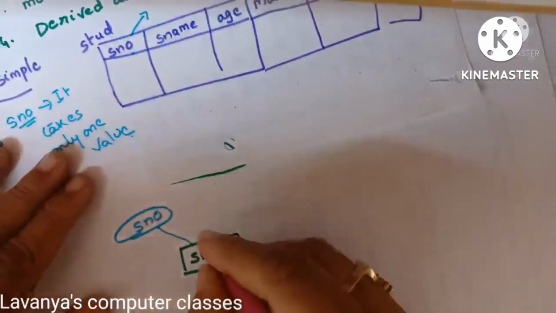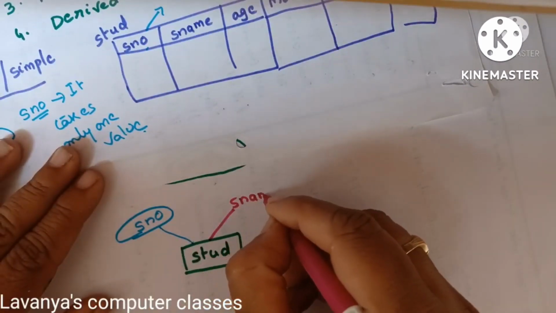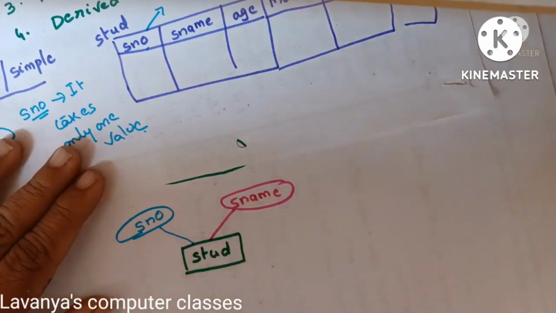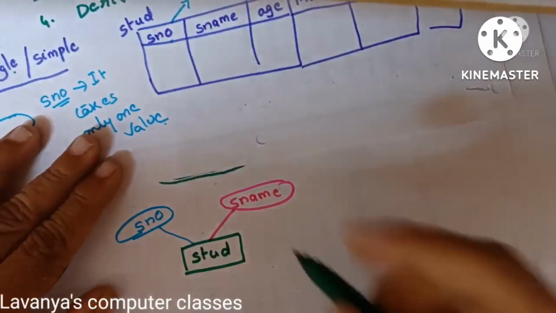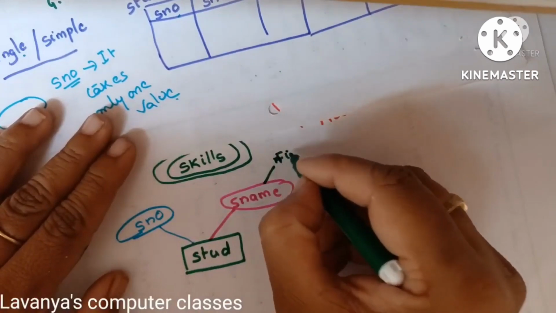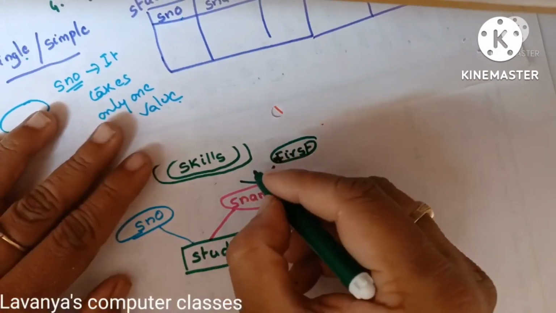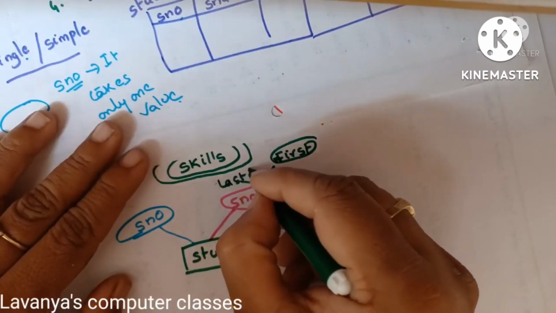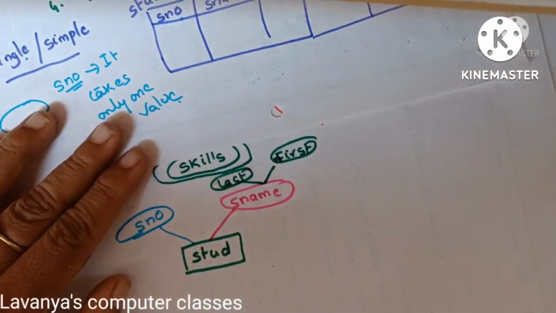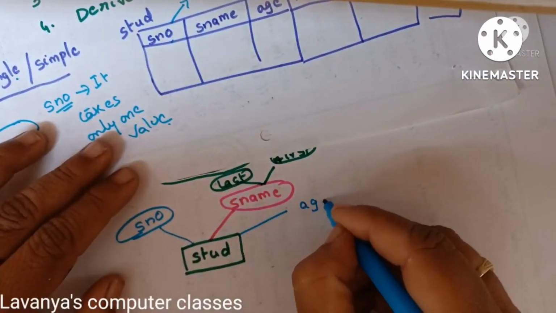Next one is S-name. S-name is a composite attribute because it takes more values. Composite attribute means first it is an attribute and then the parts of that S-name: first name, middle name, last name. Those are all kept above that S-name. So this is a composite attribute. Next, age.